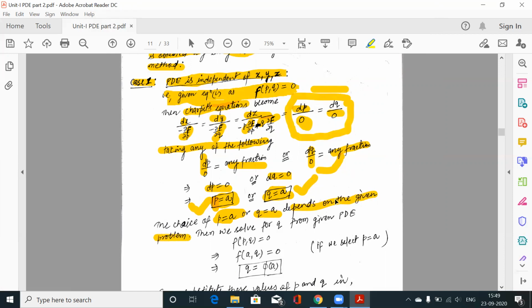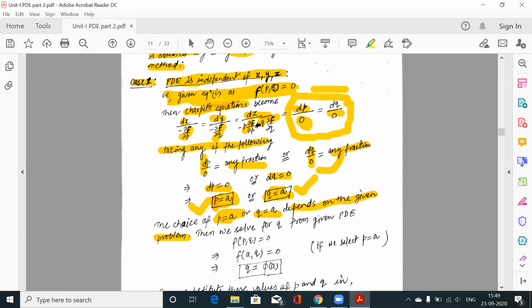Why I'm saying this: suppose we get p is equal to a from here, then we have to get the value of q. So we substitute this p is equal to a in the given equation, so what we get is a function of a and q equal to 0. Now we have to solve this for q.